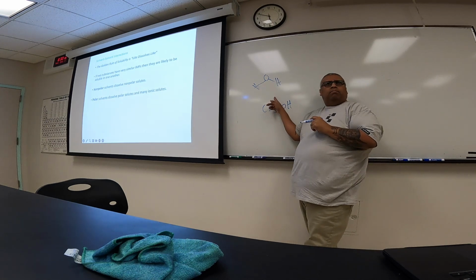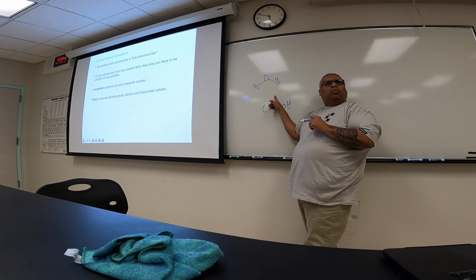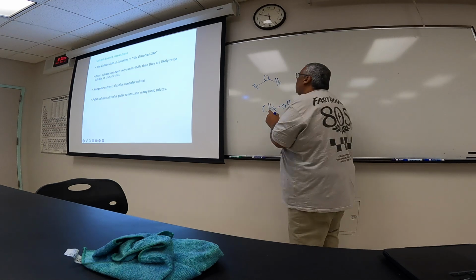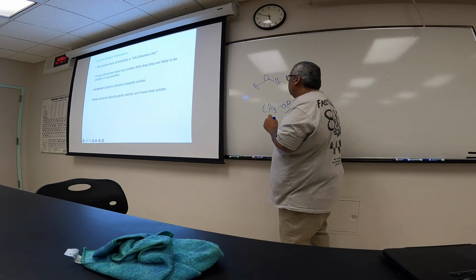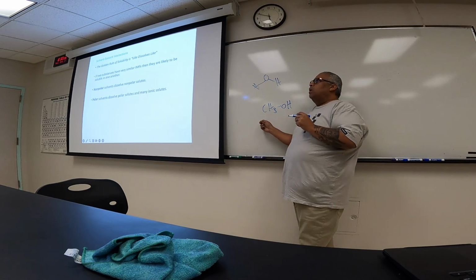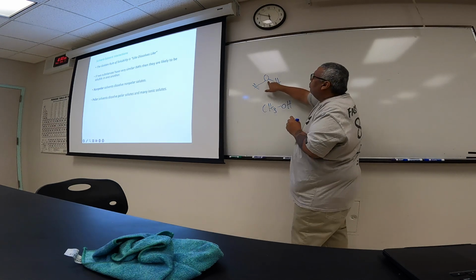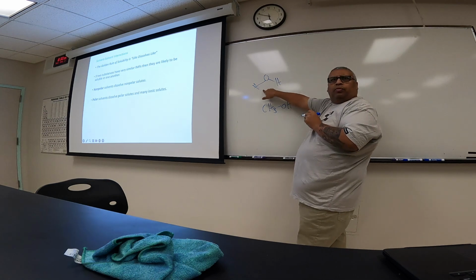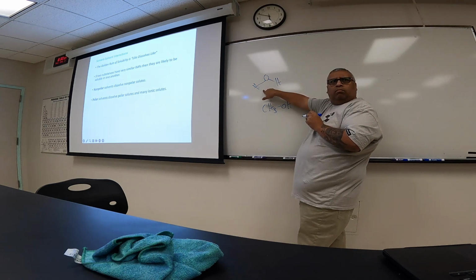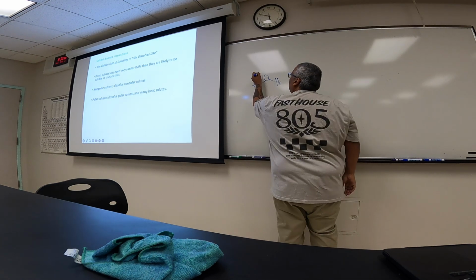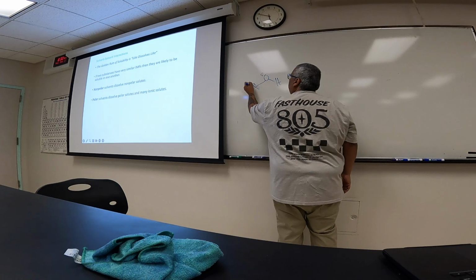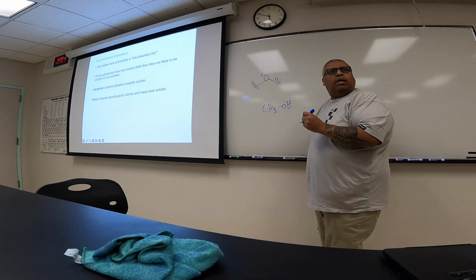Here, would we consider this to be polar or non-polar? Polar means that we have some polarity. So when we're looking here, is one of these closer to fluorine than the other? Oxygen. Because oxygen is closer to fluorine, it's partially negative, while hydrogen is going to be partially positive.